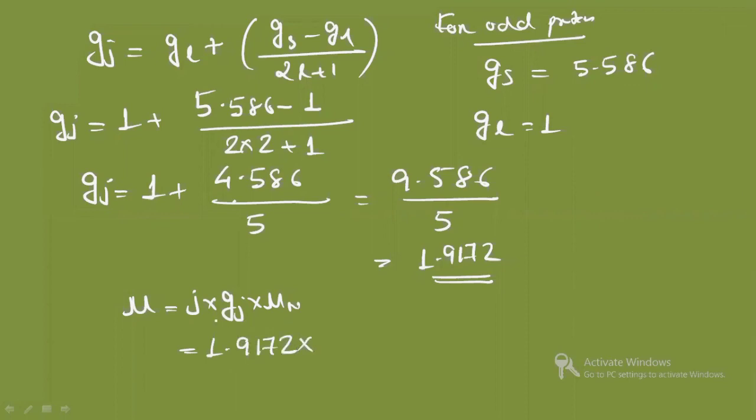This is the value of Gj. J was how much here? 5 by 2. And here you will have mu n. All right. So on calculating this entire term, you will get the value to be 4.793 mu n. You can use a calculator and see. All right. So this is all about the magnetic moment.